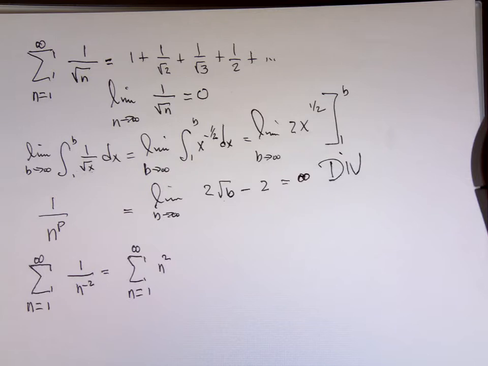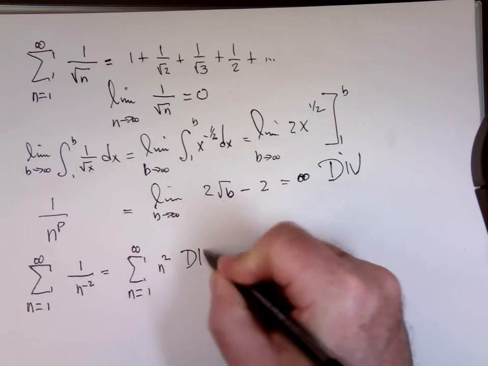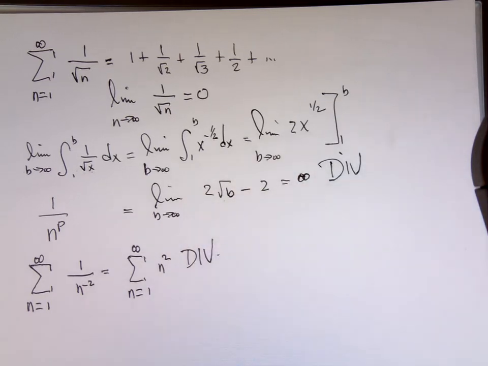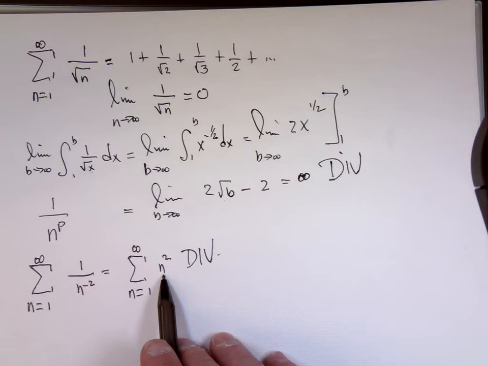I don't have to. Why? As n goes to infinity, where is n squared going? To infinity. Not going to 0, going to infinity. I know this diverges right now. I don't have to use an integral test on it because that term is going to infinity as n goes to infinity, not going to 0. So I know it diverges.